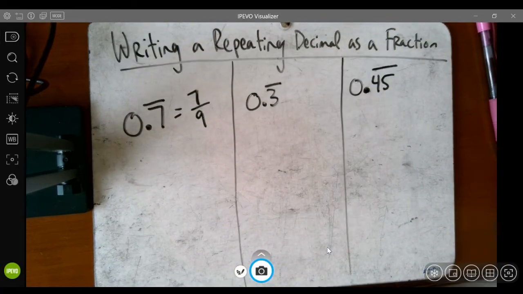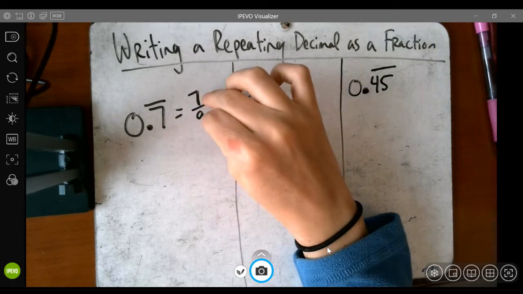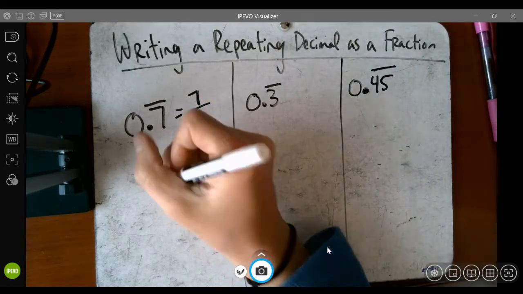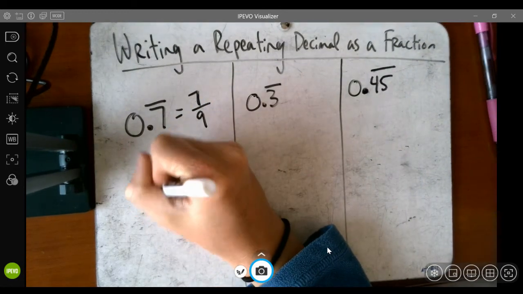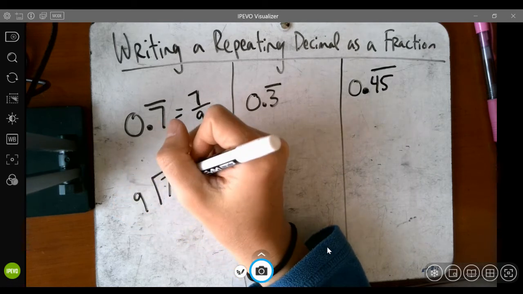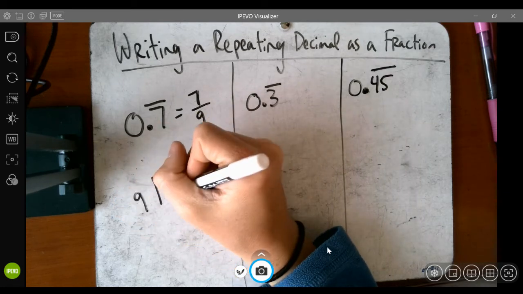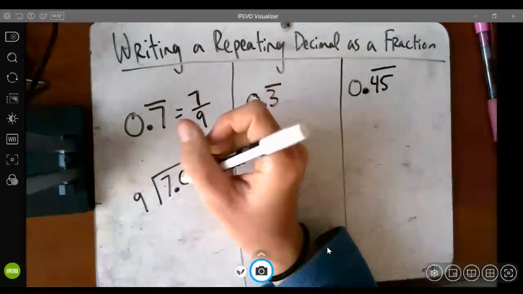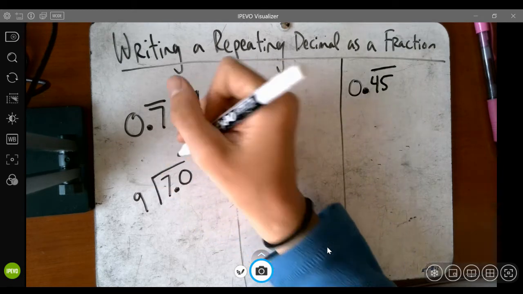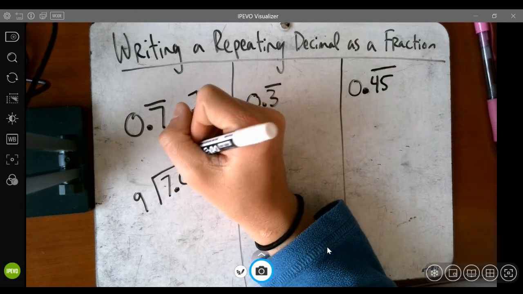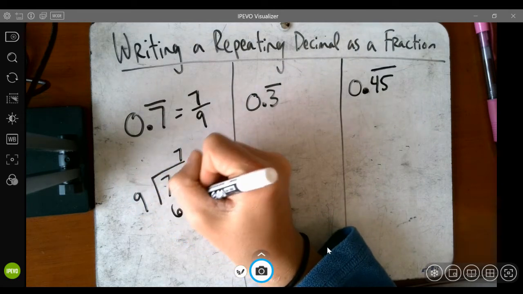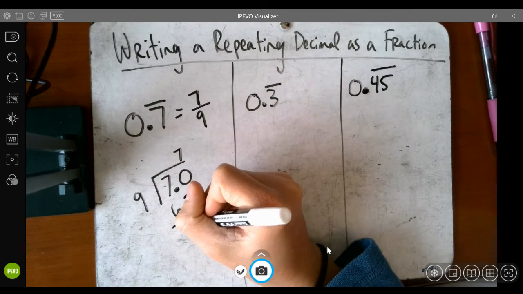And if you don't believe me, we can check it because we also know how to change a fraction to a decimal. So if I were to take 7 divided by 9, 7 does not go into 9, so I'm going to make it 7.0. 9 goes into 70 7 times, 7 times 9 is 63, and I would have a remainder of 7.